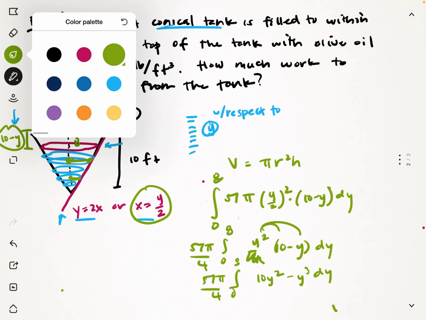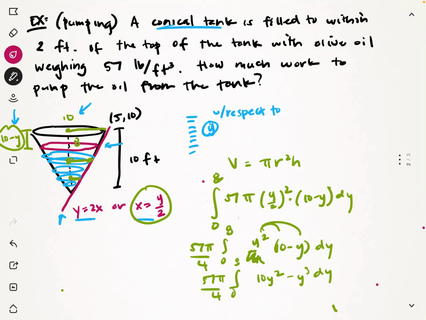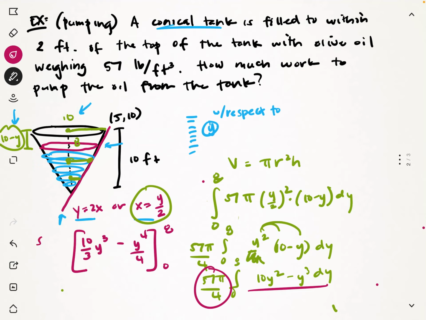Okay, let's change colors here. We can probably fit this in here. We're going to move it to the left-hand side. So let's do the integral. We're going to have 10 thirds y cubed minus y to the 4 over 4, from 0 to 8, and we're not going to forget this in front, so 57 pi over 4.